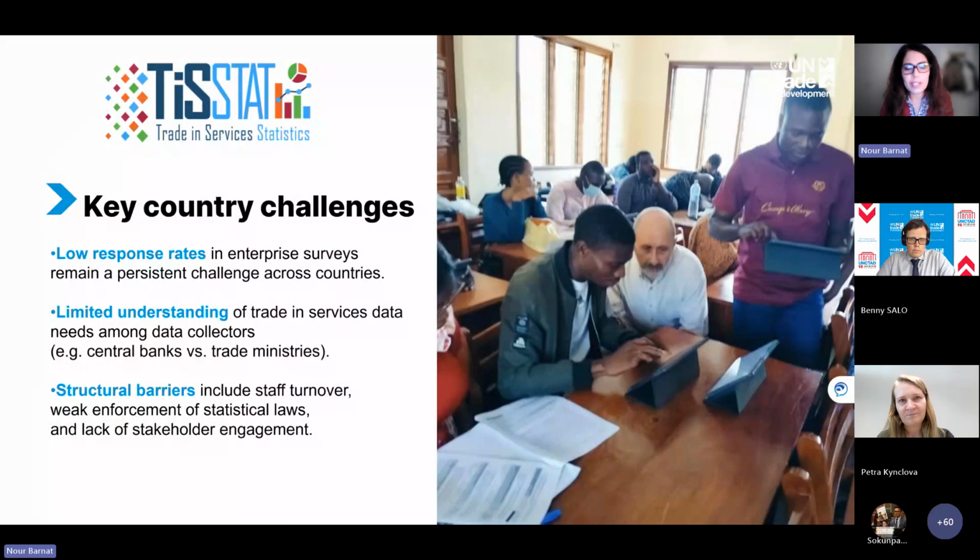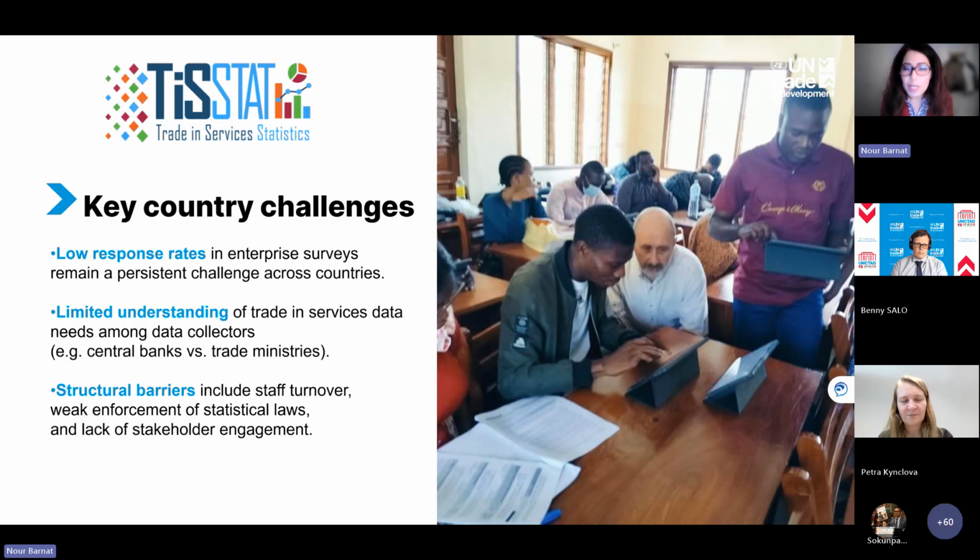A few quick country challenges. When we implement TiSSTAT or we go for workshops with member states to present TiSSTAT and let them use the playground tool, we also collect specific country challenges. On average, they all suffer from low response rates in enterprise surveys, which remain a persistent challenge across countries.